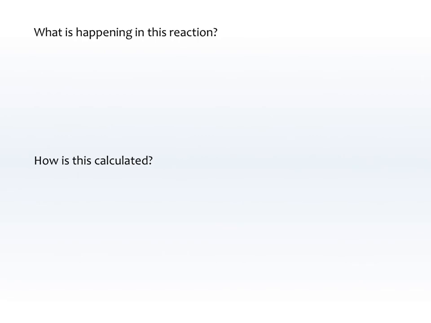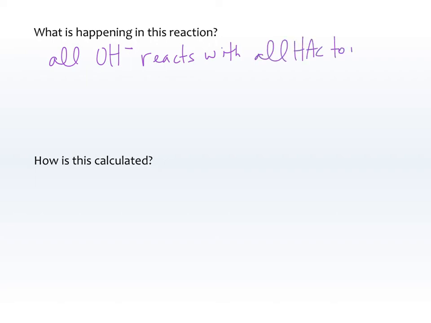What's happening in this reaction? Well, all the OH minus reacts with all the HAc to make Ac minus in water. So the only thing left in your beaker is Ac minus in water.